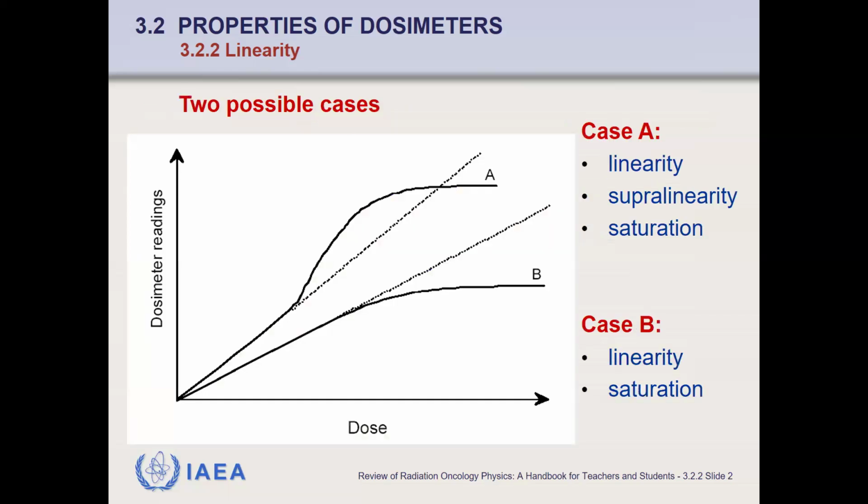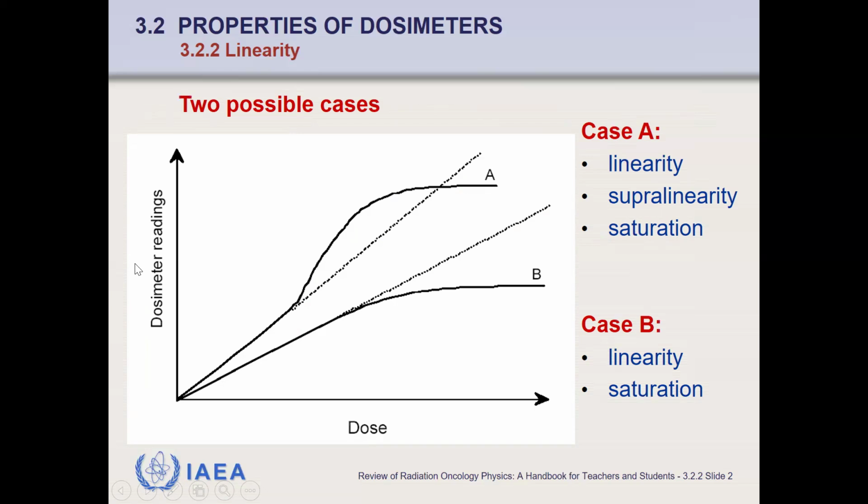We have two possible cases here. We can talk about a linear dosimeter or supralinear, or we can talk about a saturation. This is case A. So in case A, we have linearity, then we have supralinearity, then we have saturation.